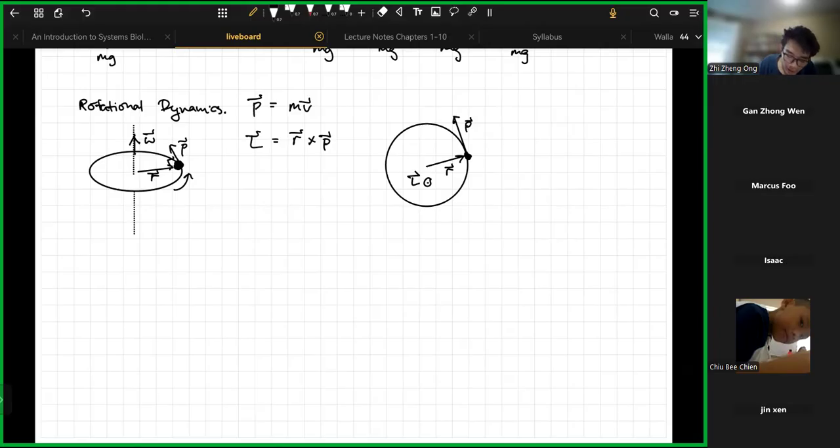Initially, we have the sum of forces being equal to dp/dt. Now, if you cross, assuming that r is constant, which it might not be, but we're doing some suspicious math here, but it's okay.